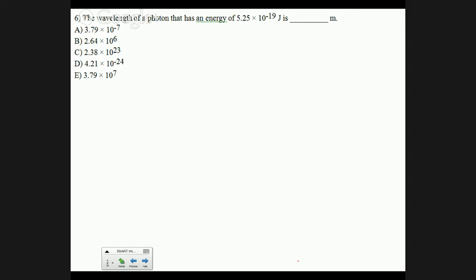Wavelength of a photon that has an energy of blank. So again, we're going to use the two formulas that we got and combine them. We're going to get energy equals Planck's constant times the speed of light over wavelength, right? How did I get that?